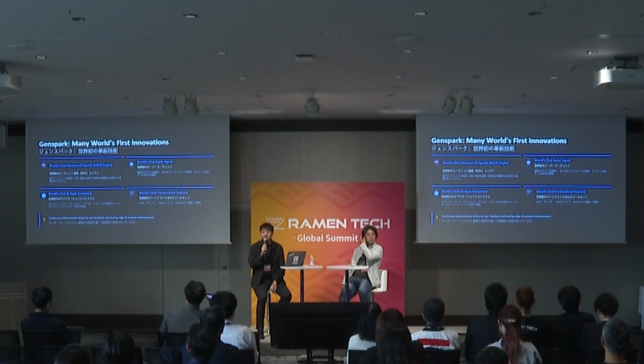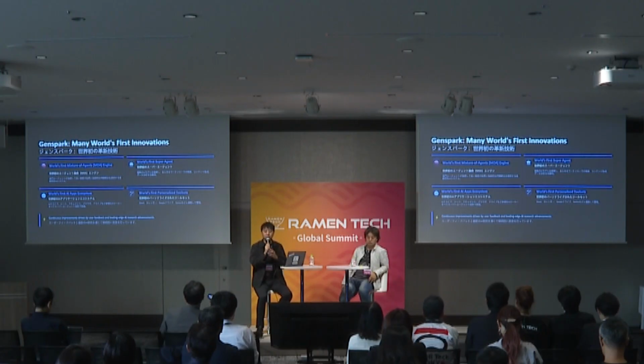As a startup, we know that to compete with the best in the world, and also to collaborate with them, we also need to be one of the best. So we invented a lot of world-first features along the way.